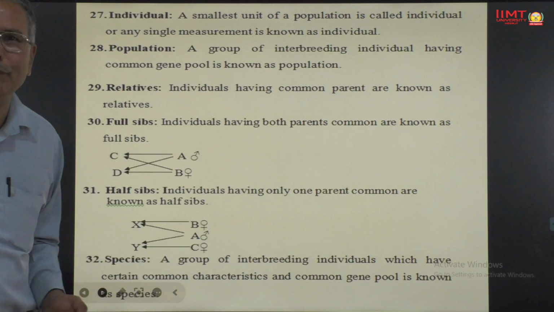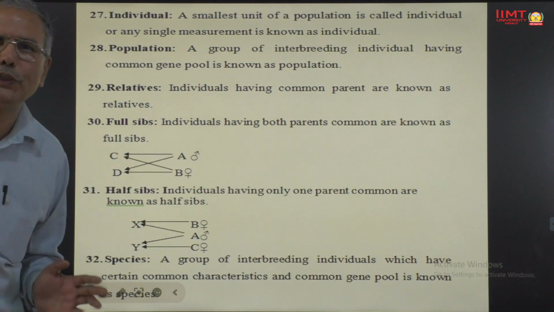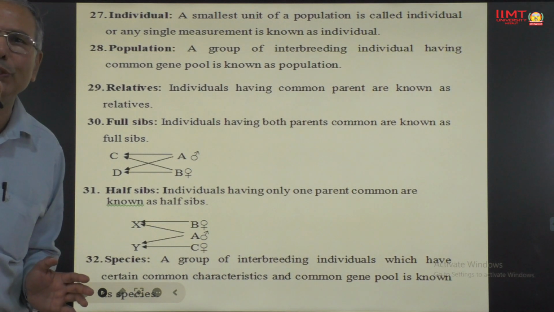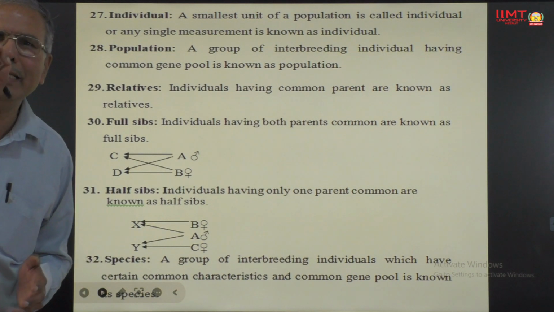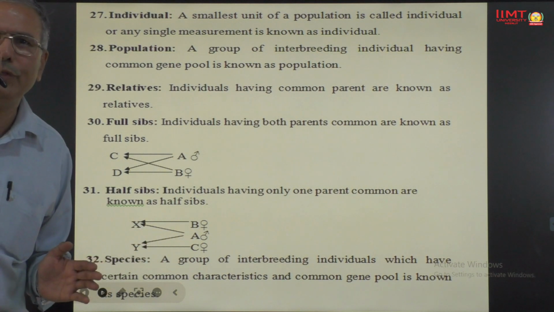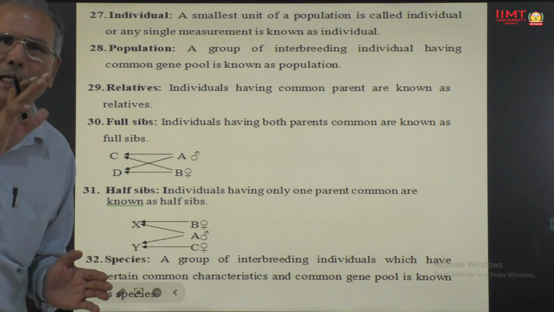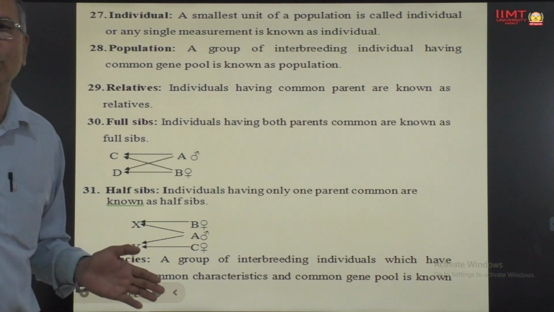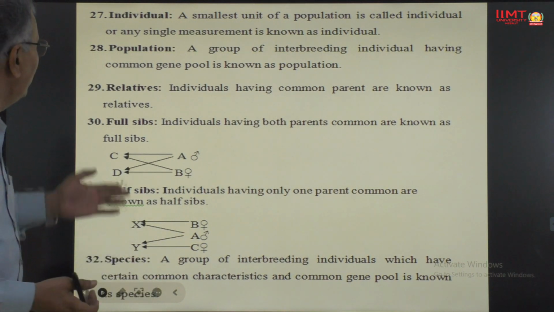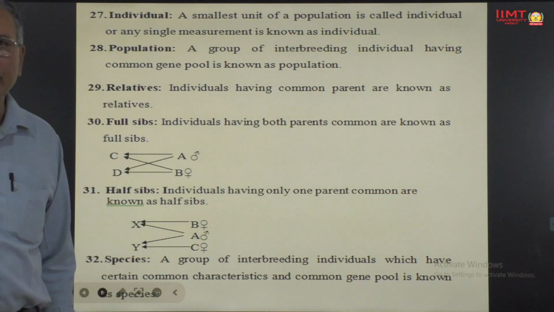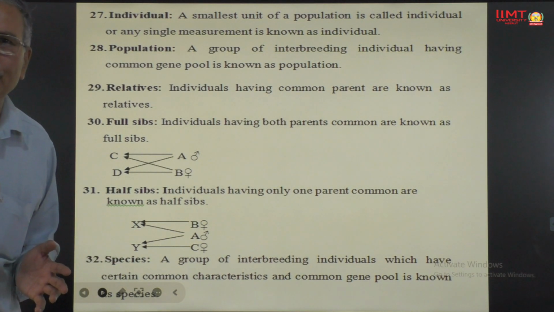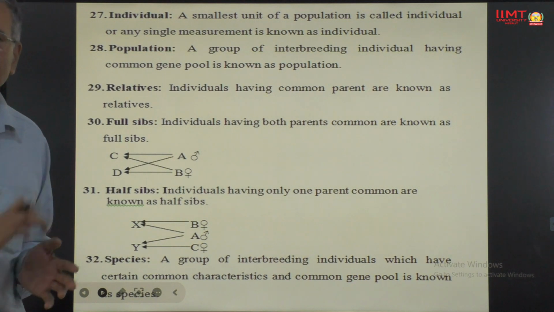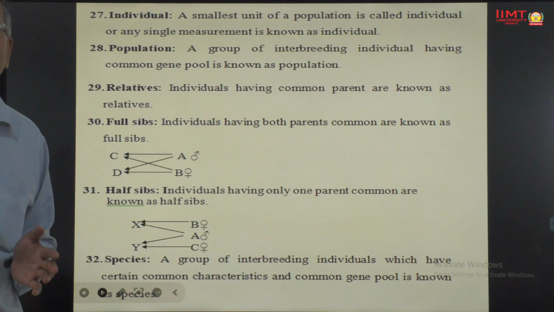Individual. What is an individual? The smallest unit of a population is known as an individual. Or in other words, any single measurement which is discontinuous in time and space is known as an individual. What is population? A group of interbreeding individuals having a common gene pool is known as a population.